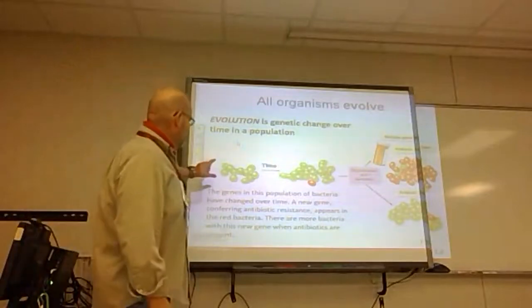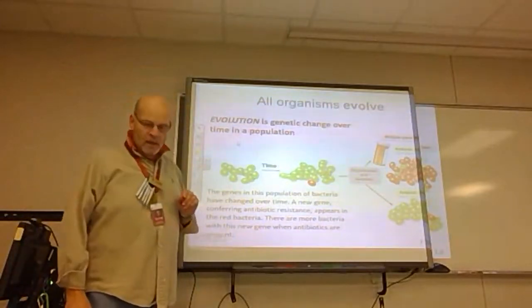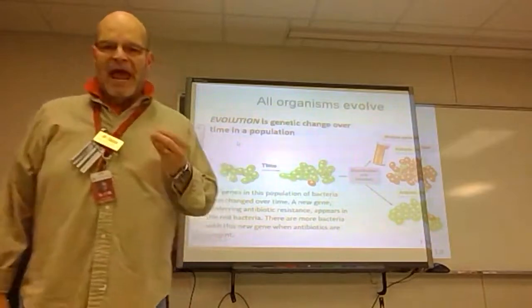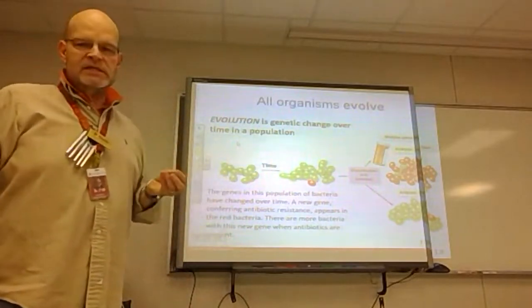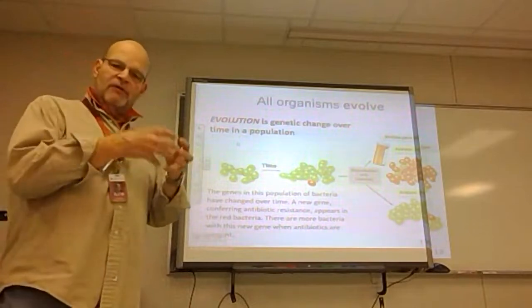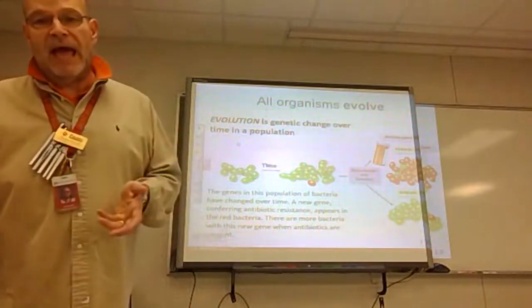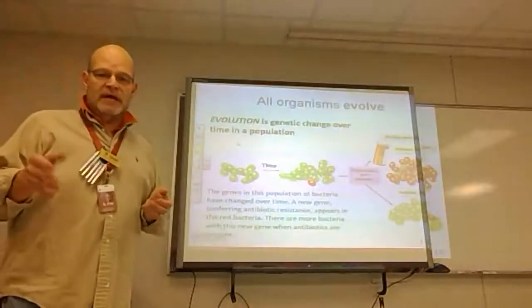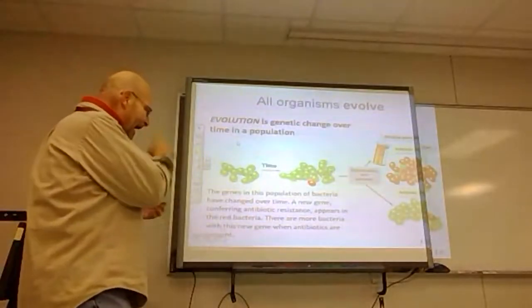You have a group of bacteria. These little green things are representing bacteria. Now, organisms naturally change over time. As DNA reproduces and is made from one cell to the next cell, it's not perfect. Mistakes happen. Those mistakes are called mutations, and we'll talk about those a little bit later on in the semester. But they happen.